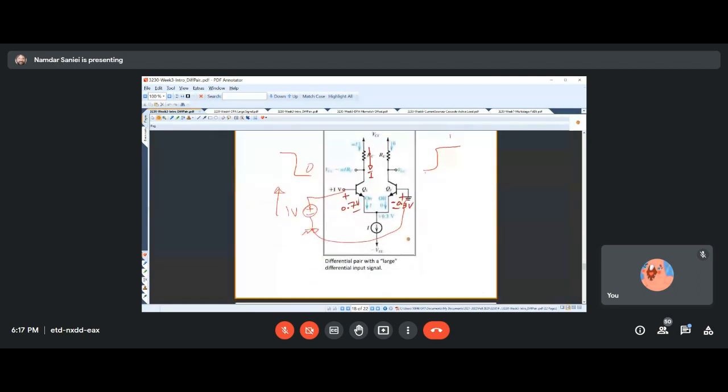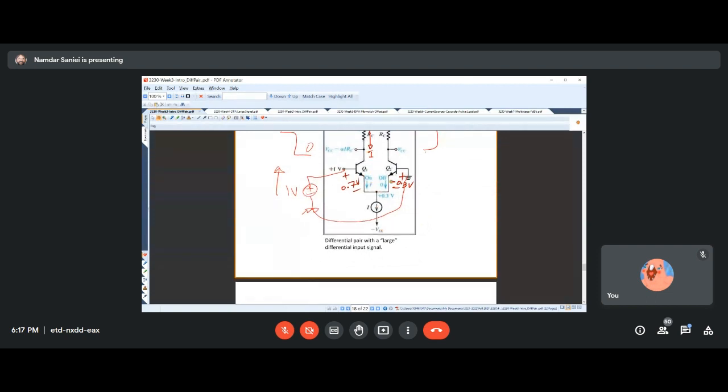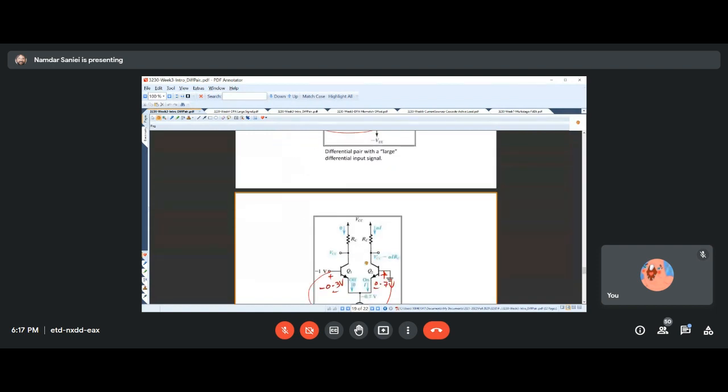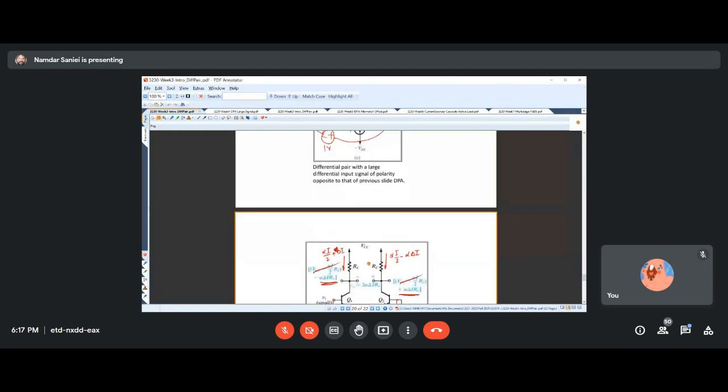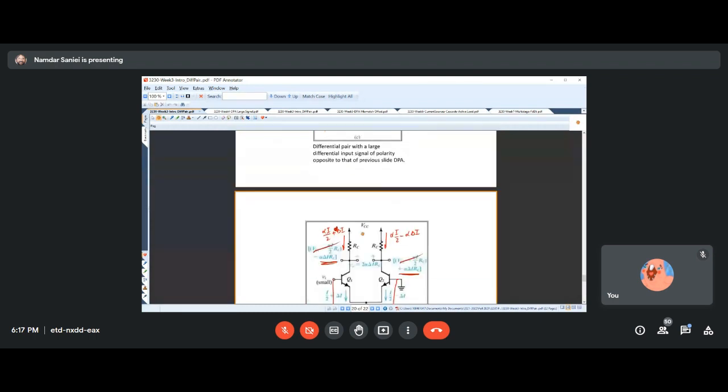But for the large signals, as we mentioned, one branch is conducting the whole current and the other one is totally off. We need to be able to analyze these in DC, but they're not amplifying.